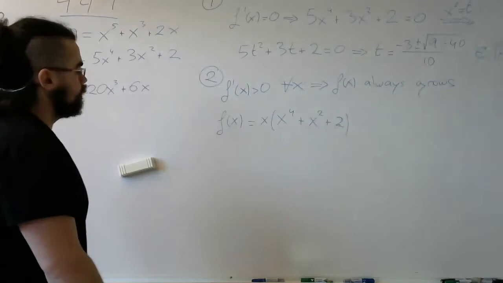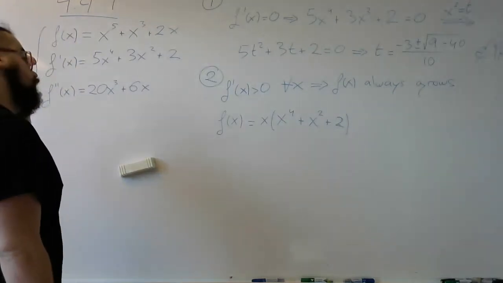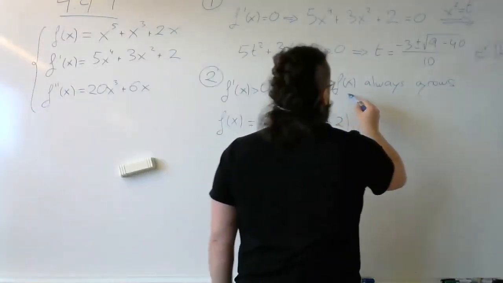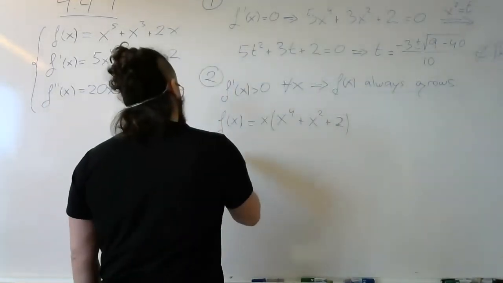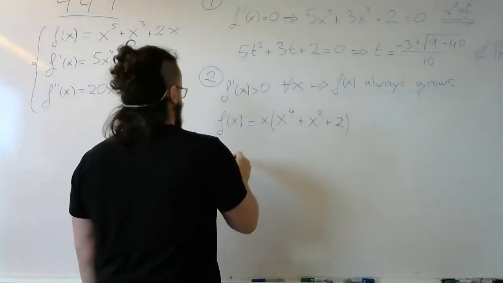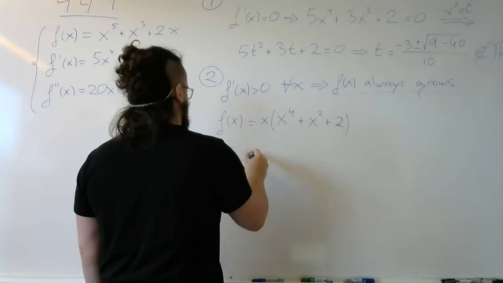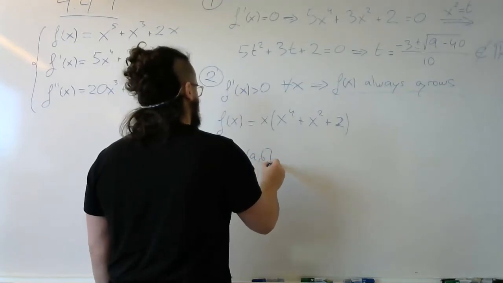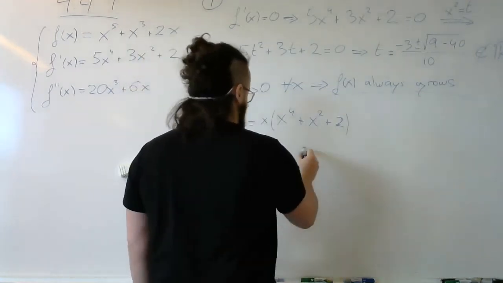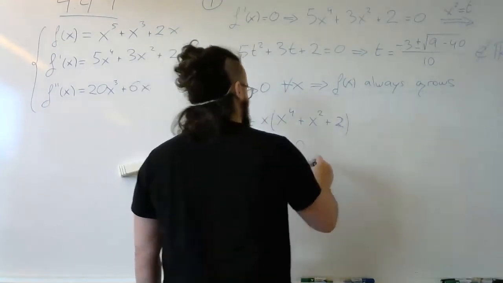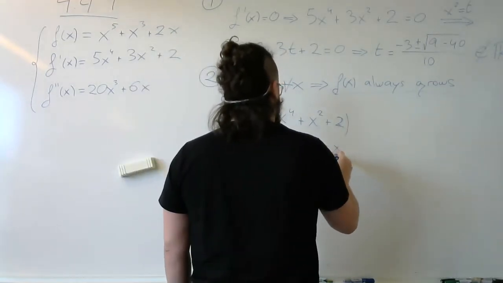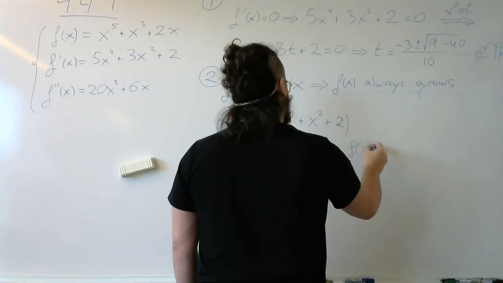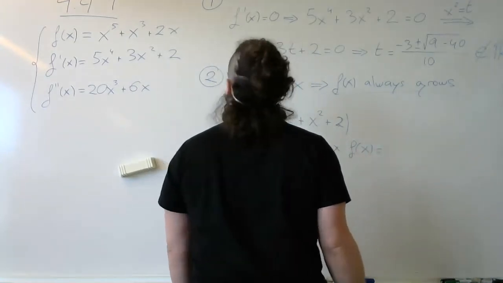Okay. So from here, we have that in this interval, the maximum value of the function is f of b.